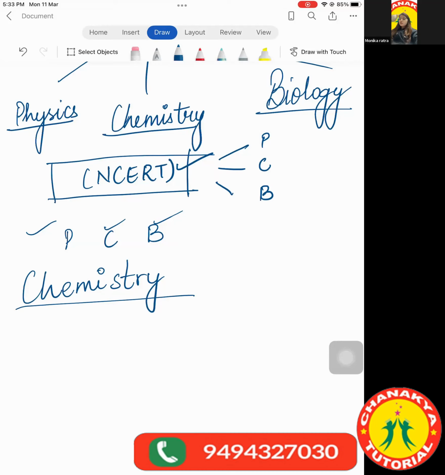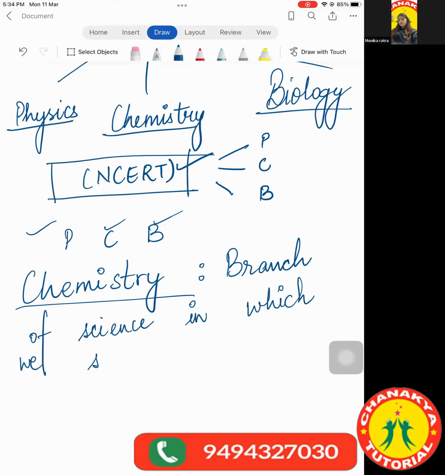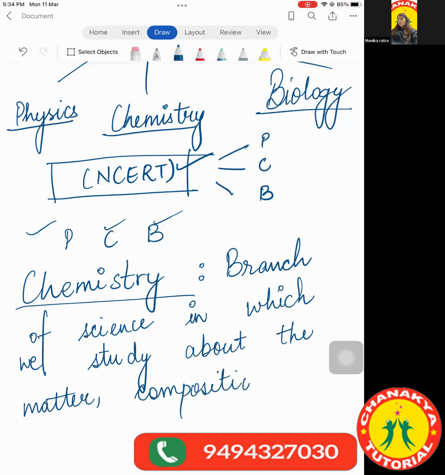Chemistry is basically that branch of science in which we study about the matter, then the composition of matter, which I'll explain once I finish writing, and the classification of matter.